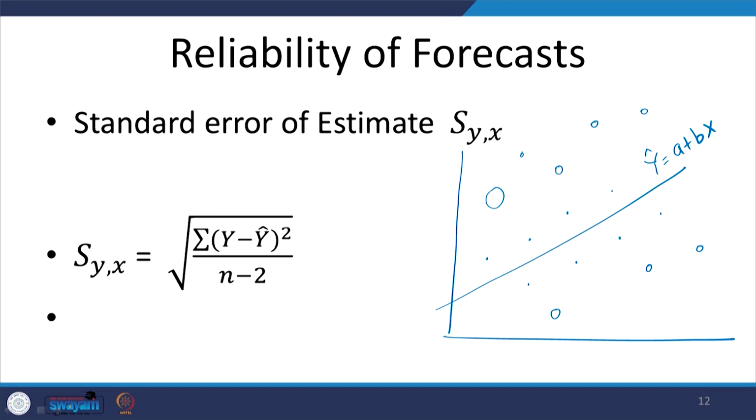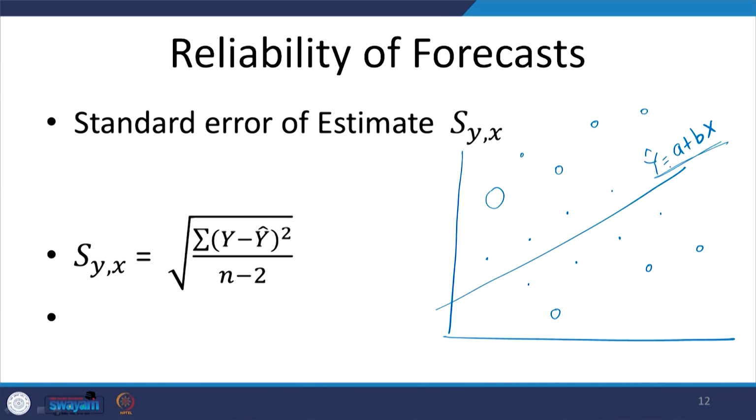You can easily see that points which are represented in the form of small dots are narrowly scattered around the regression equation, but the data set which is represented by circles is widely scattered around the regression equation. So, when the data set is widely scattered around the line of regression equation, our quality of forecast is not very good.